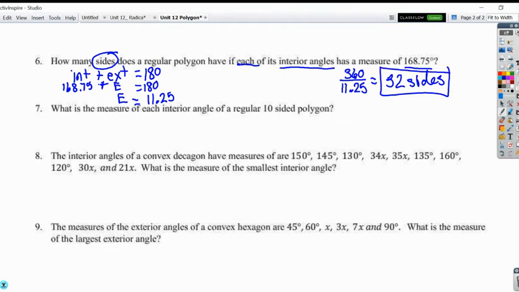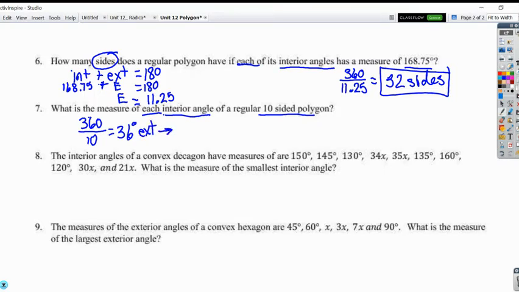7, asking for the measure of each interior angle on a regular 10-sided polygon. Well, you could do this 2 different ways. I can take my 360 as my exterior total and divide it by 10, find out that I have 36 degrees as my exterior angle.